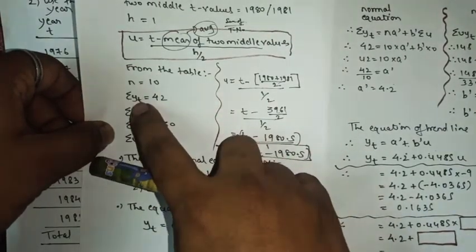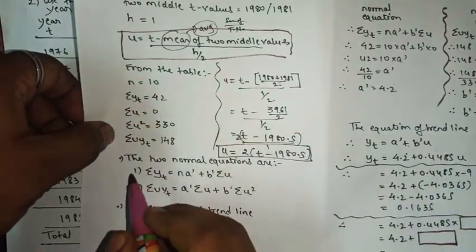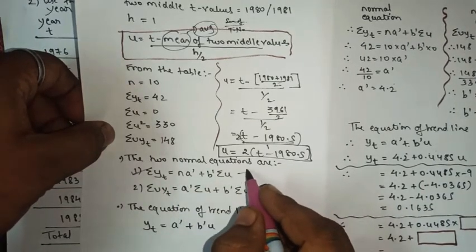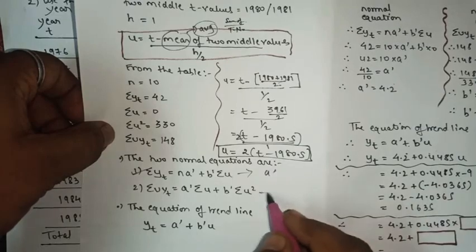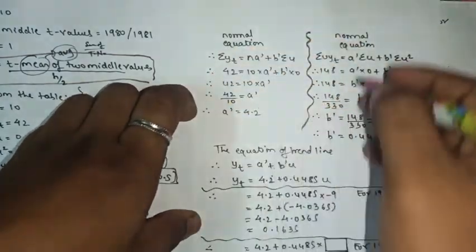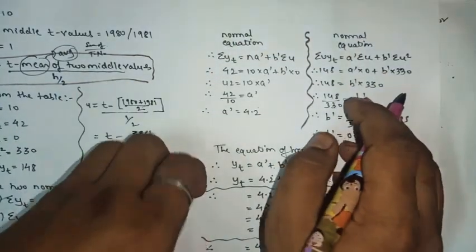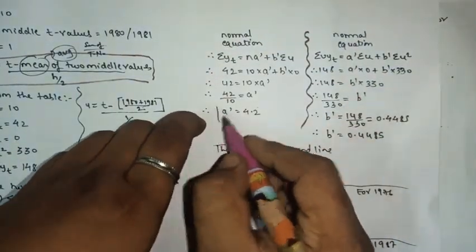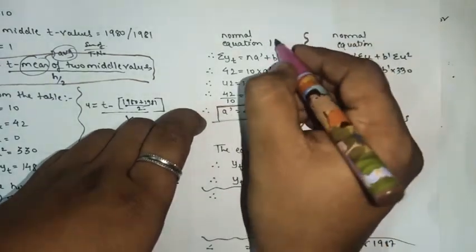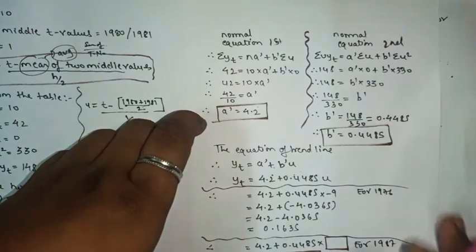You will get n, yt. Then you will use the first formula, as I said: in the first formula you get the value of a dash, in the second formula you get the value of b dash. I wrote the answer directly, so here we got a dash and b dash using the first and second formulas.